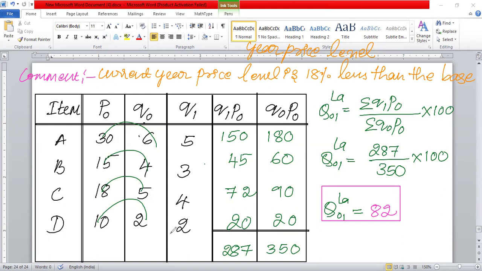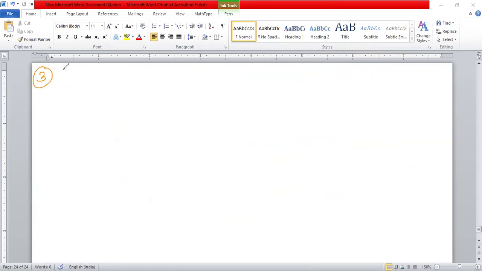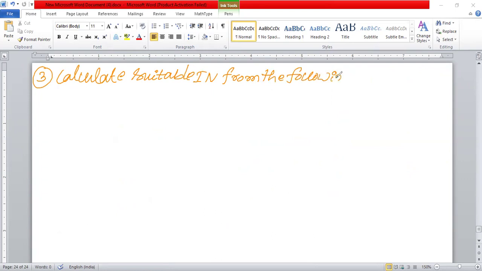Okay, next one. So we have 4 columns. The same thing. Problem number 3. Calculate the suitable index number from the following data, and comment.